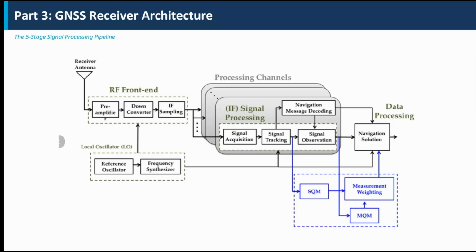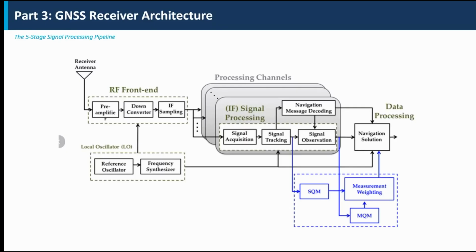You can see the antenna here, and then we have an RF front end, which goes into the processing channels, and then the processing channels process the data. After processing the data, it goes to the solution, and then to the measurement, it goes back and forth.